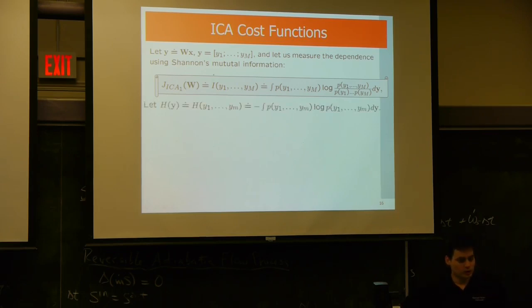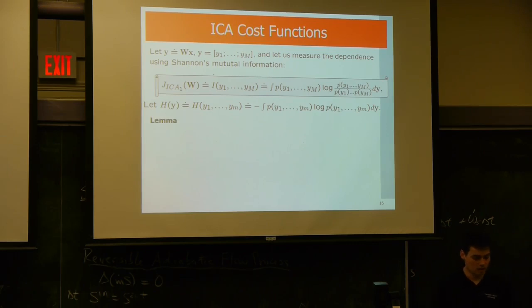And we also know the definition of entropy. So if we have y, m-dimensional random variables, so its components are y1, y2, ym, then its entropy is defined by this expression.